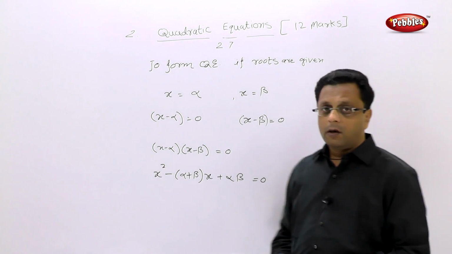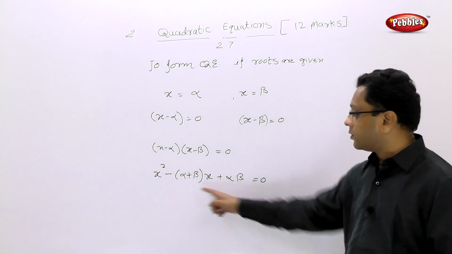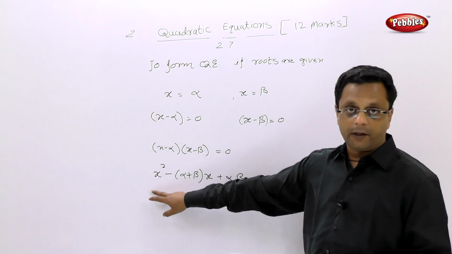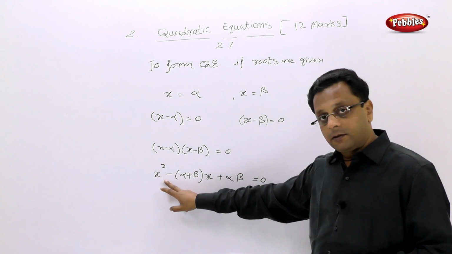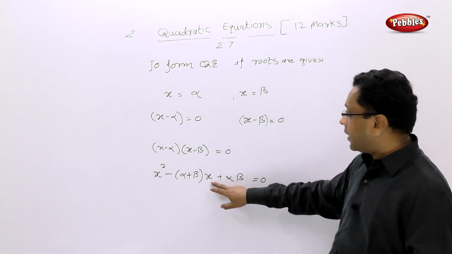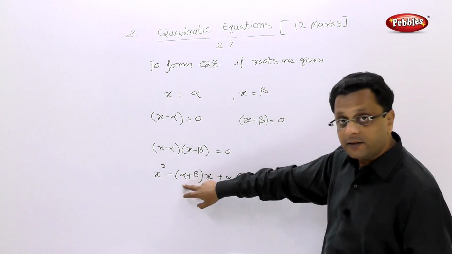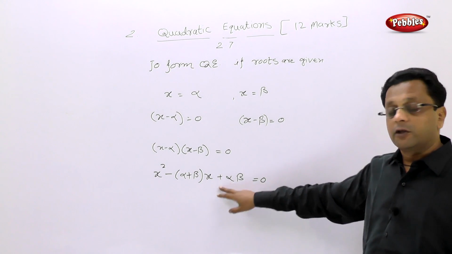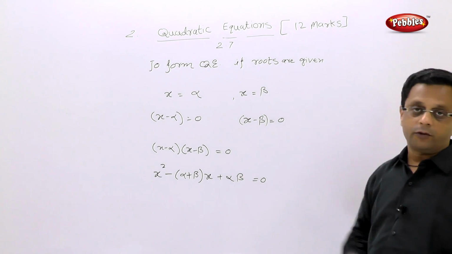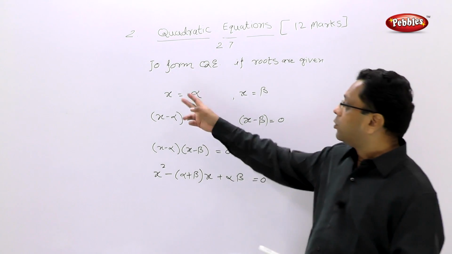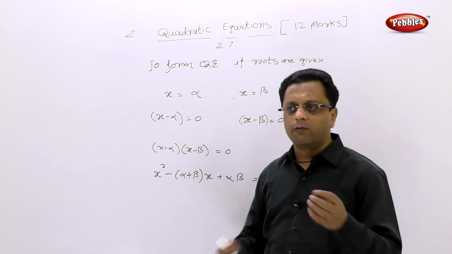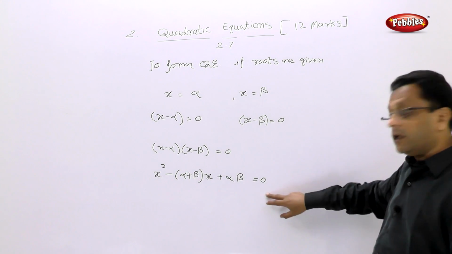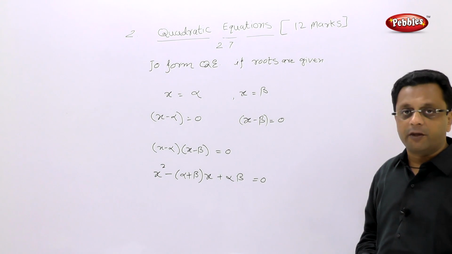So if the two roots are given, how will you form the quadratic equation? First term will be x square minus, the coefficient of x is the sum of the roots, plus what is the c? Product of the roots. That means if two roots are given, maybe 1 and 2 or something, can you find out the quadratic equation from it?